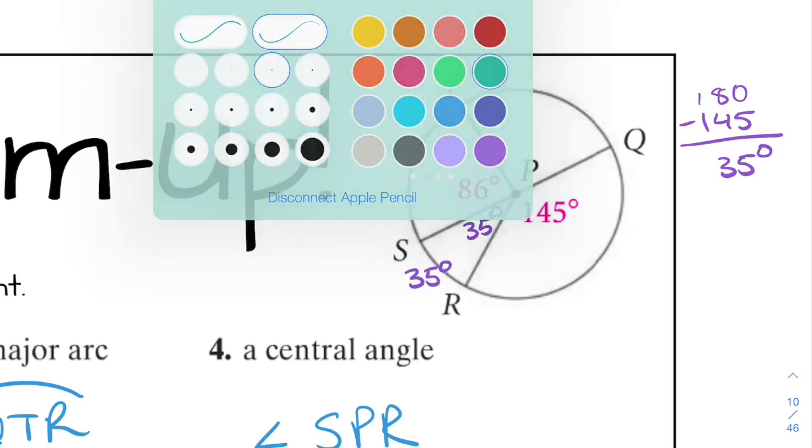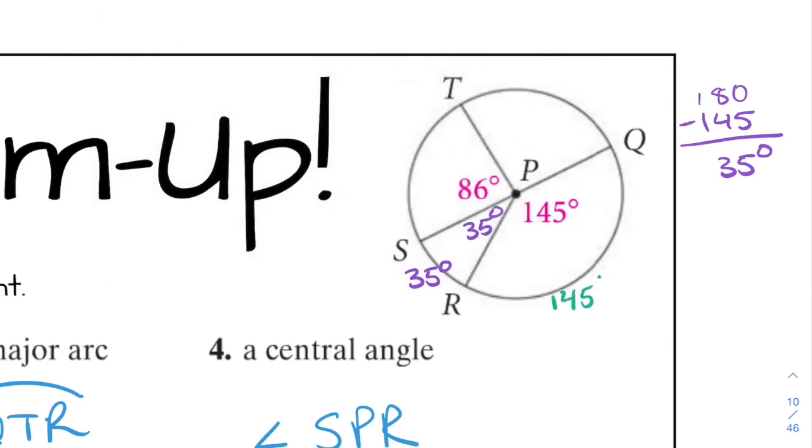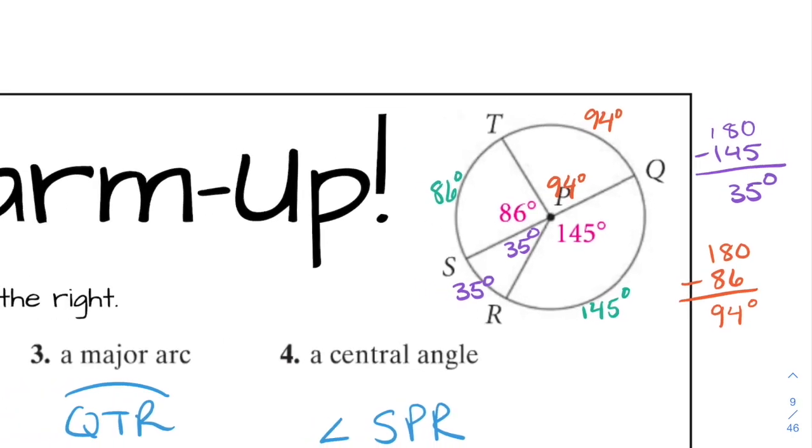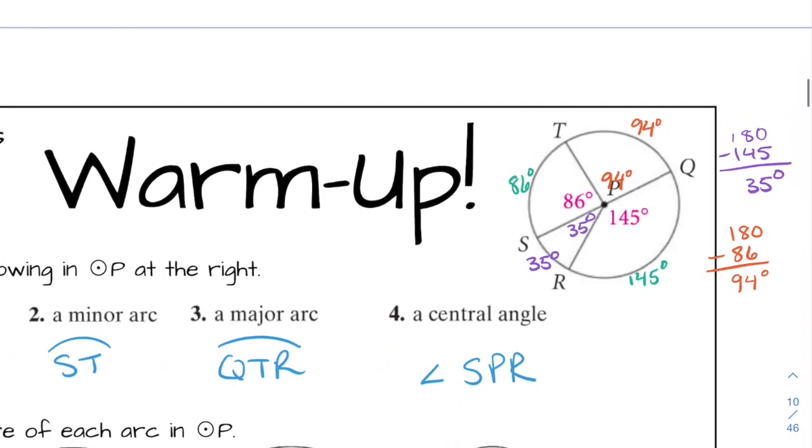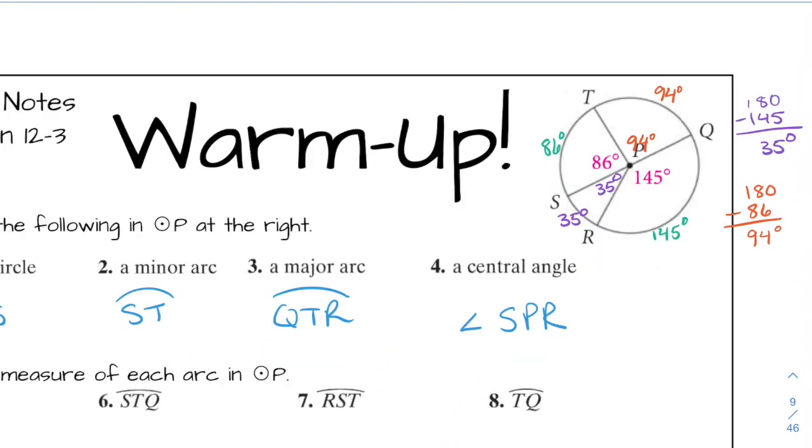And this one will be 145. This one will be 86. And lastly, I'll do 180 take away 86. And I will get 94 degrees for this last one. So 94 and 94. Like I said, sometimes it's just easier labeling all pieces of the circle, the circle's arcs measure, and then answering the question.